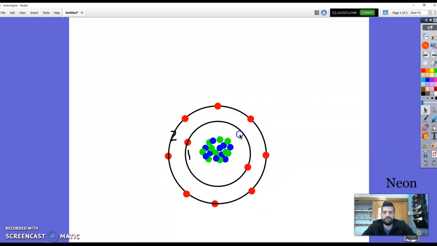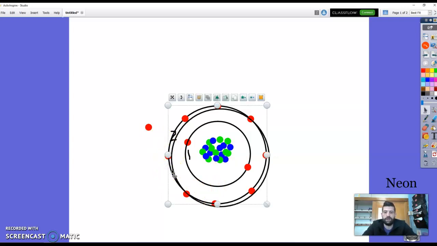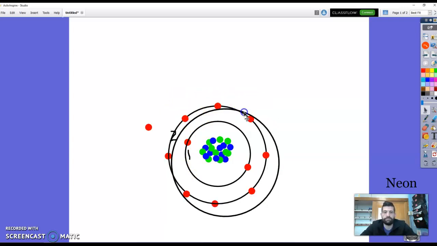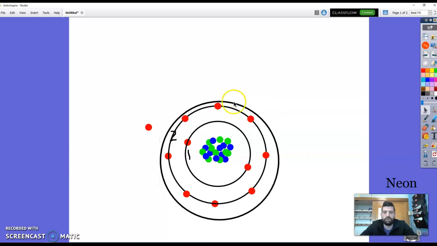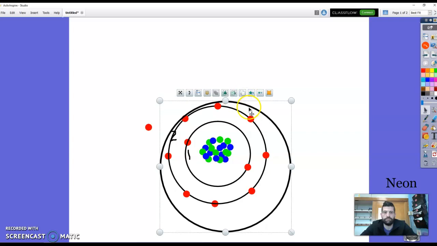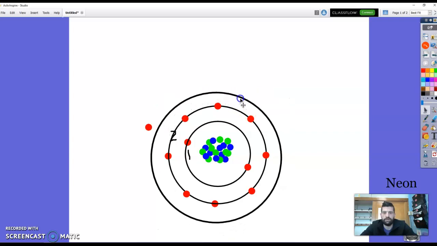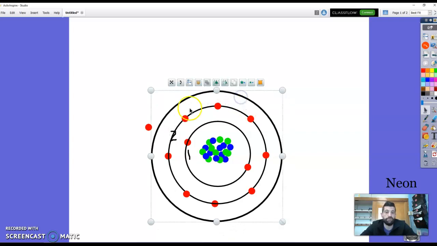I'm going to copy and paste that ring, and make it a little bit bigger. Now we got it big enough. And so there's my third ring.